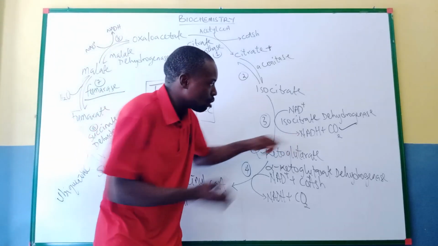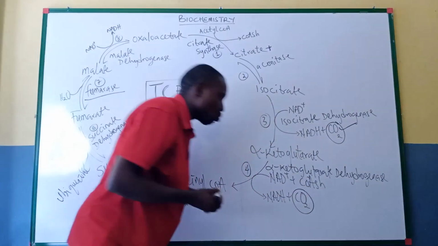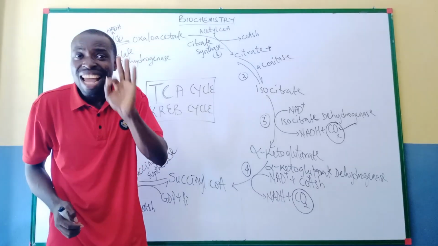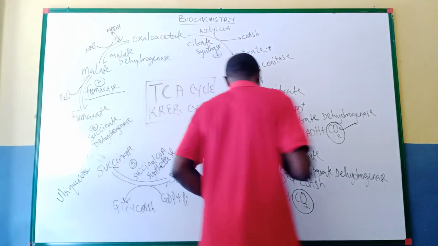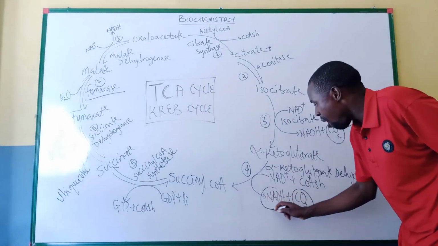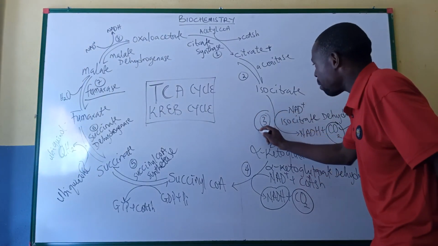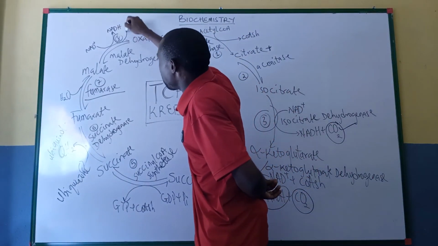Now, the basics you must know here: first of all, the release of 2 CO2, the release of 1 CO2 and then another. And 3 NADH are released, and they are where? At step 3, step 4, and step 8.